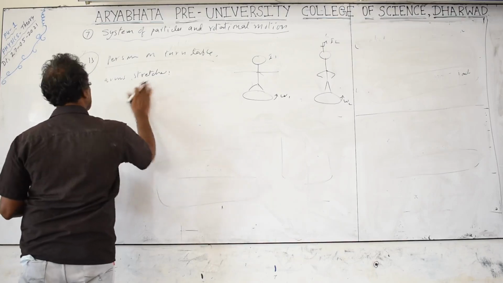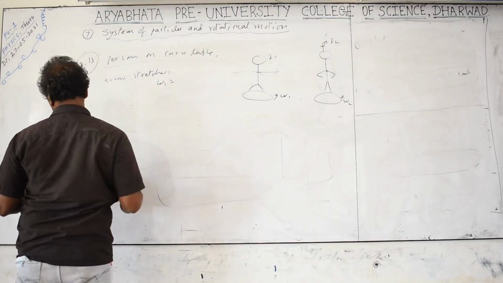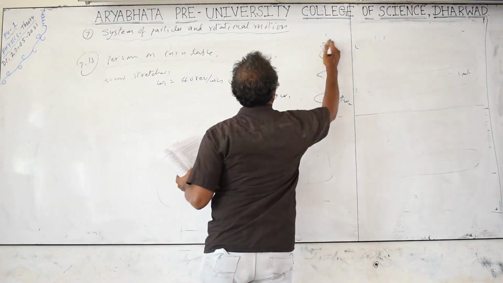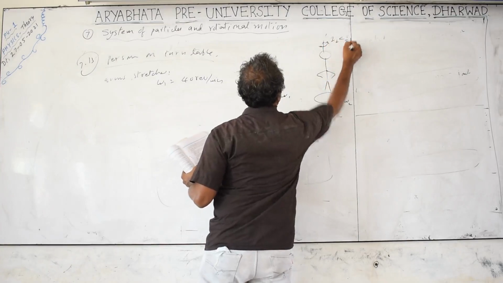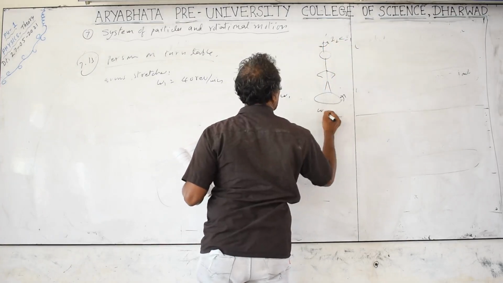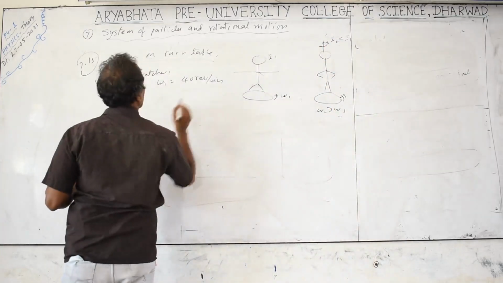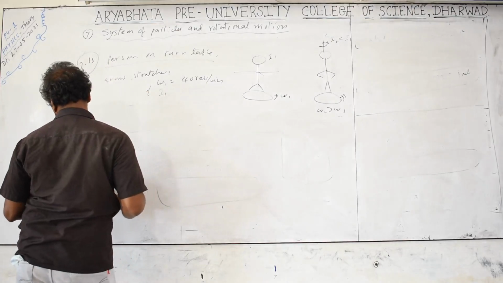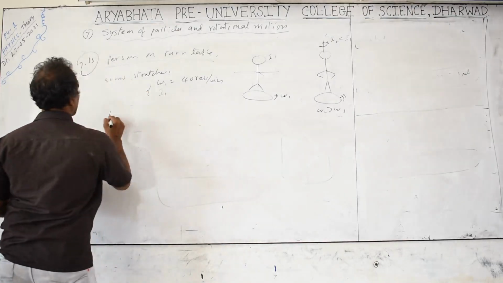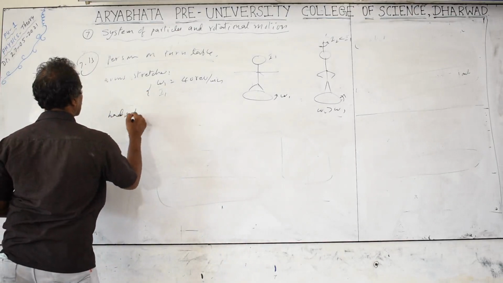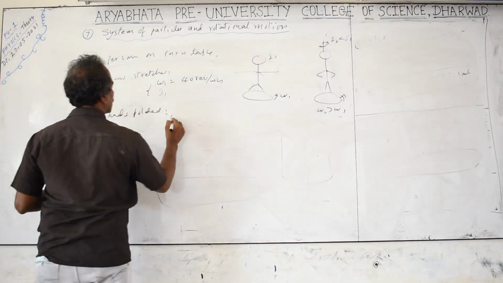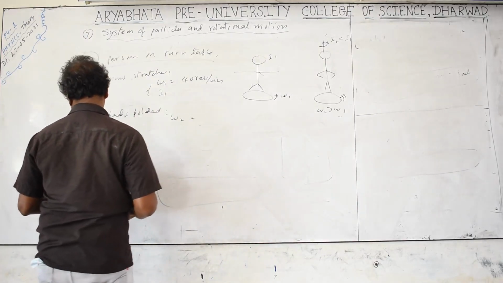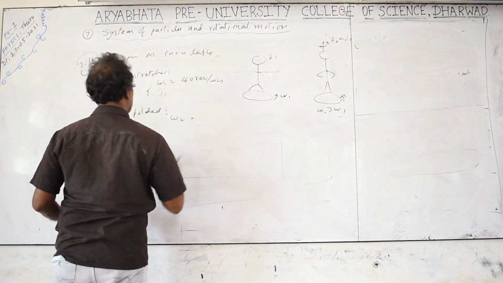Omega 1 is given as 40 revolutions per minute, and the moment of inertia is I1. I2 is less than I1, so omega 2 is more than omega 1. In the second case, with hands folded, omega 2 is given such that it becomes 2 by 5 times the initial value.